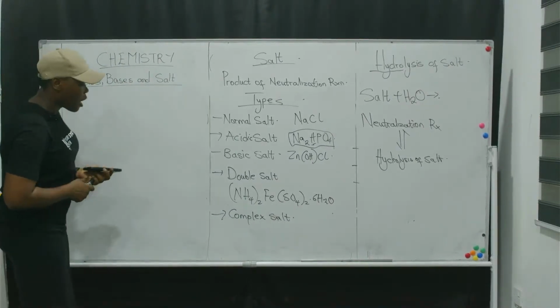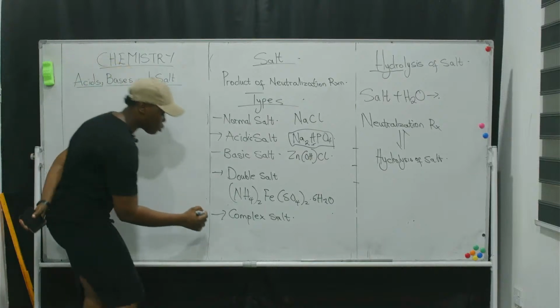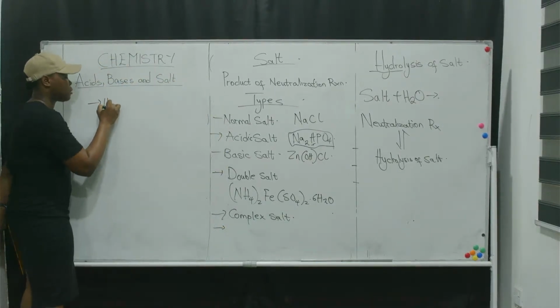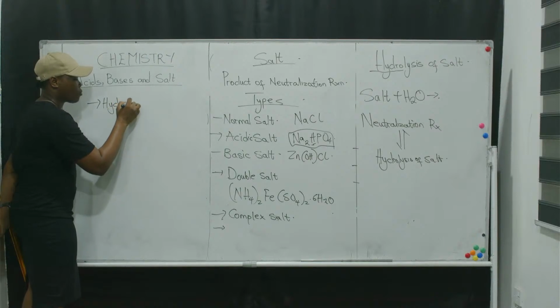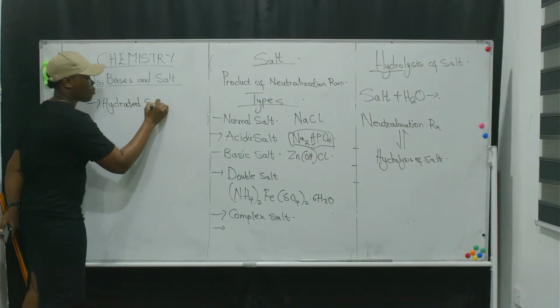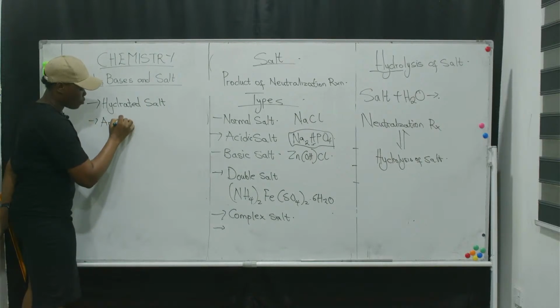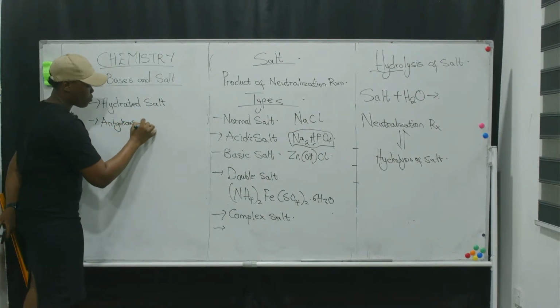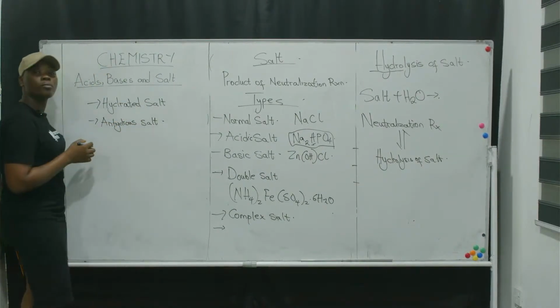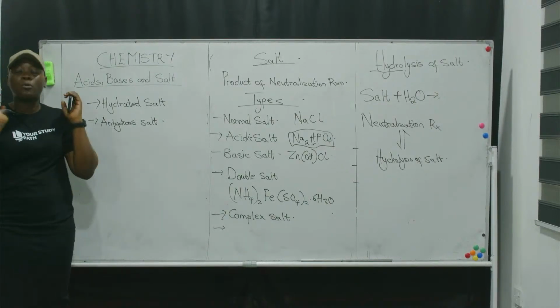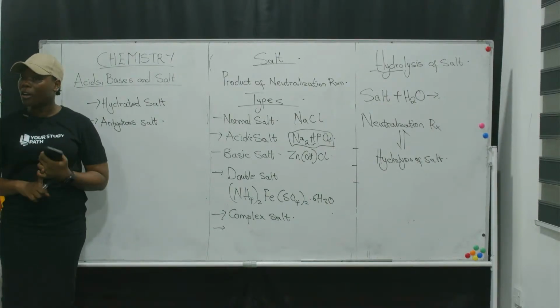I forgot to talk about two other salts here, and we've also considered them in one of our classes. Hydrated salt and anhydrous salt. In our class, when we talked about water of crystallization, can you remember?